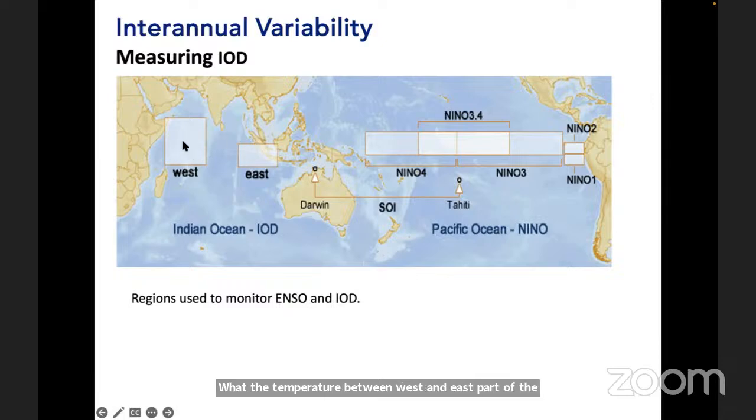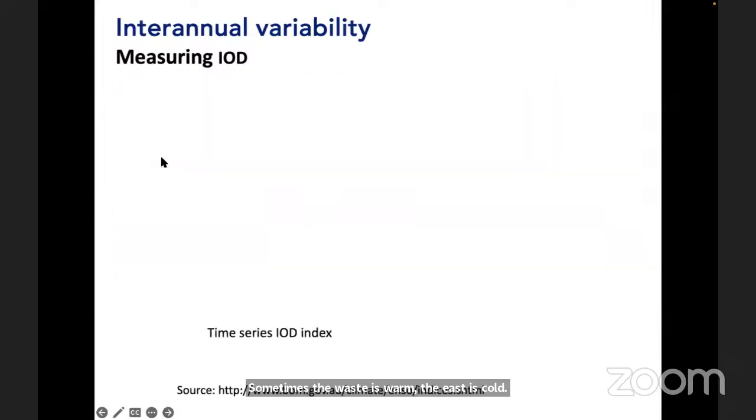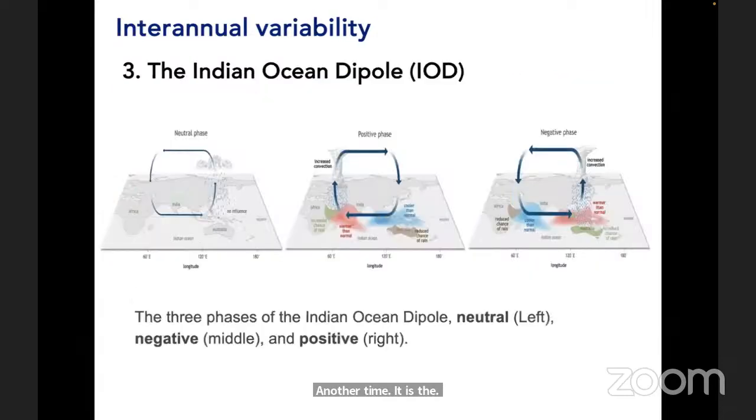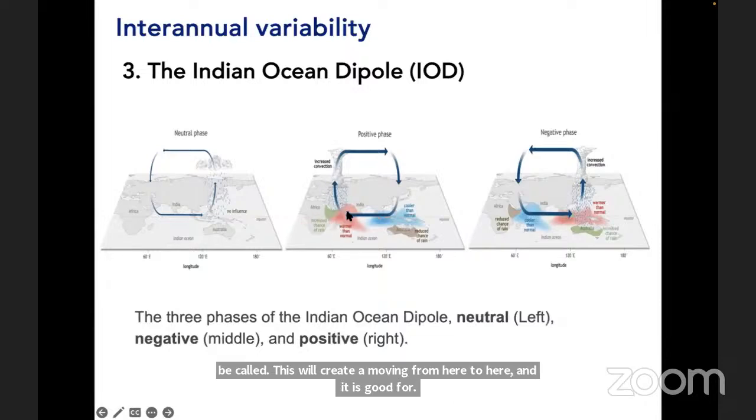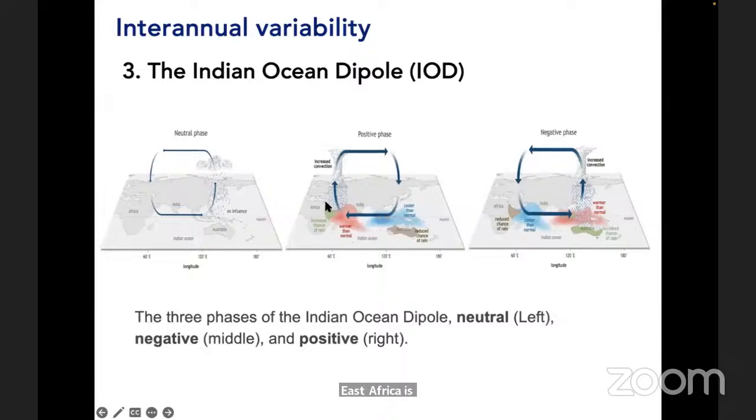Sometimes the west is warm, the east is cold. Another time it is the opposite. You see neutral here. But during what we call positive, the part of the ocean close to Africa will be warm, while the east will be cold. This will create air moving from east to west, and it is good for Eastern Africa, Ethiopia, Kenya, because it will increase rainfall.